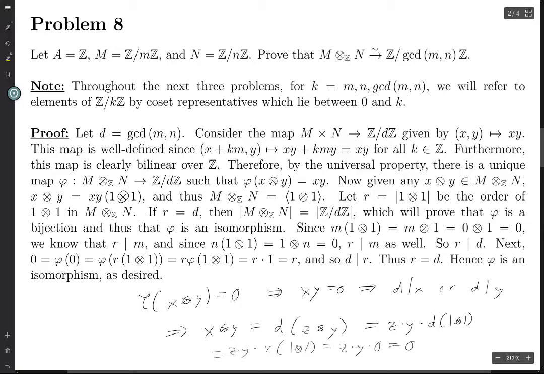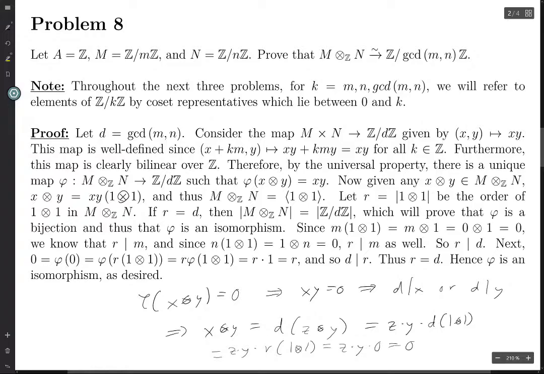We know that r divides m because multiplying 1 tensor 1 by m gives 0. So the order of 1 tensor 1 has to divide m because m times this is 0. Similarly, we do the same thing with n, but here we move the n into the second coordinate, and that's going to give us 0. And so r divides m, and since r divides both m and n, it divides d.